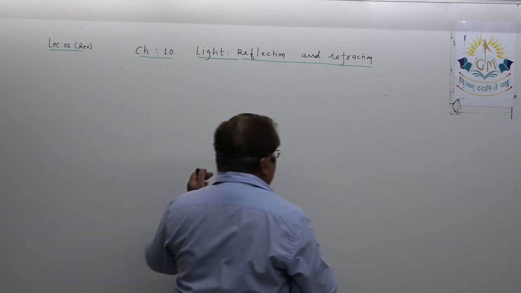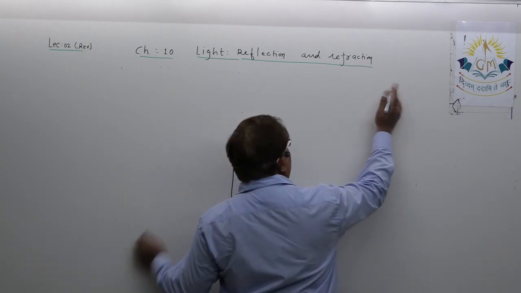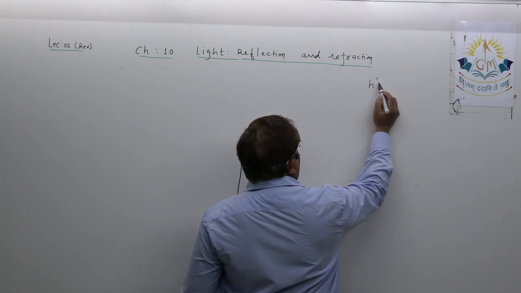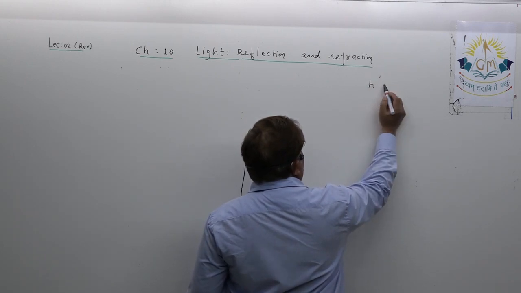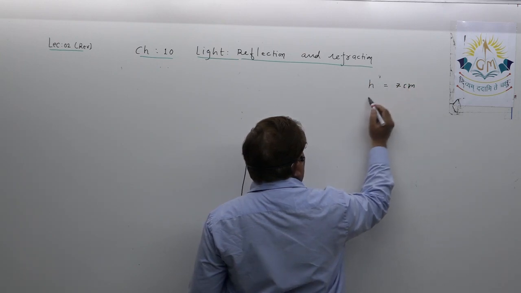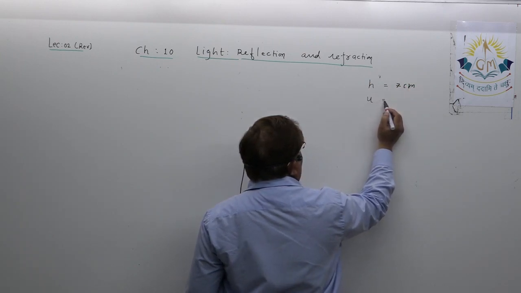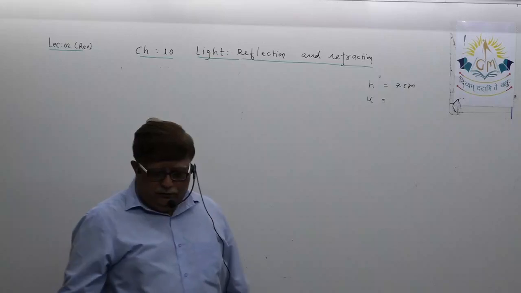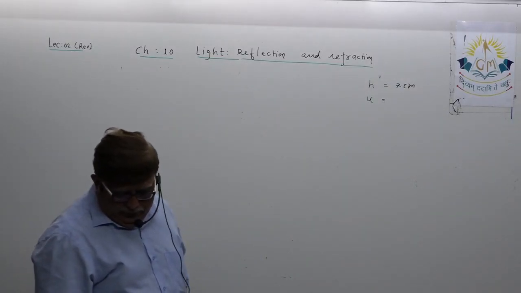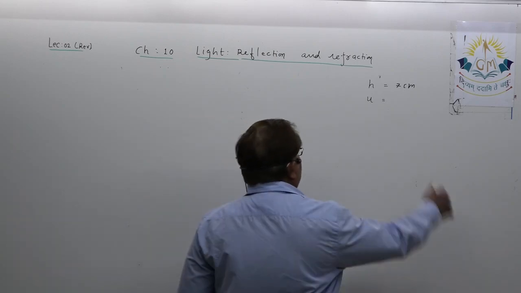Let us present the data here. Size of the object has been given 7 centimeter. Object distance has been given 27 centimeter.